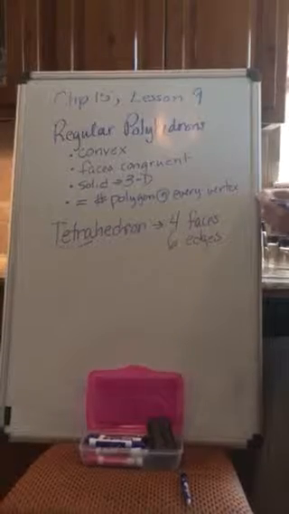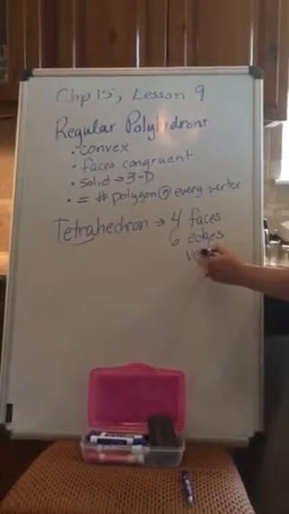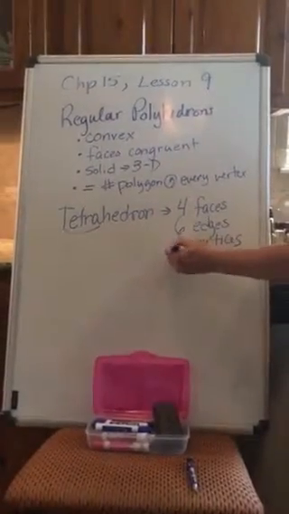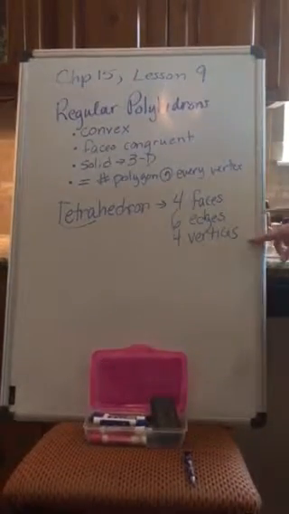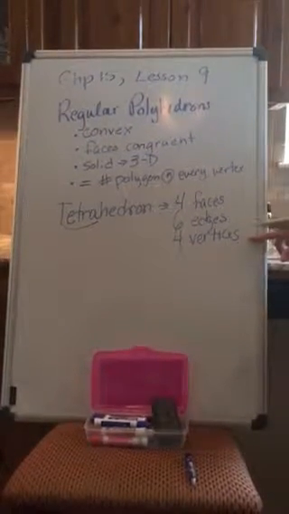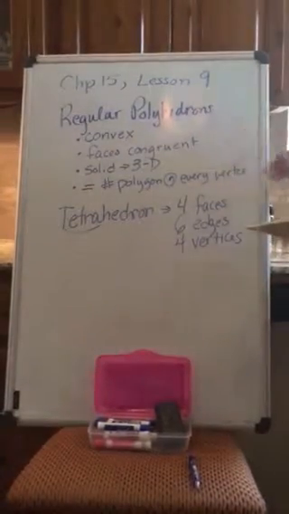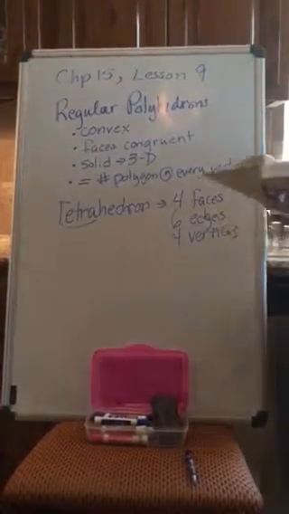And it also has vertices. There are 4 vertices, and the vertices are the vertexes of the convex polyhedron, okay? And that's the red one on your page.